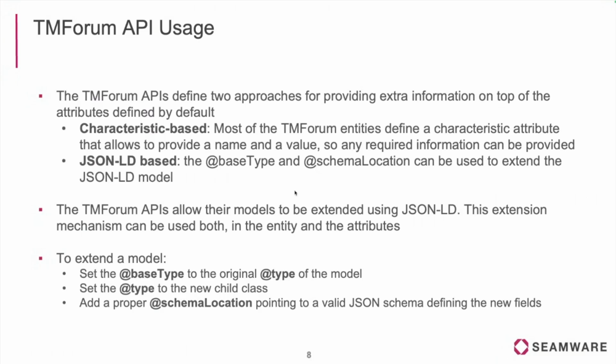The base type is going to be the parent of the entity, and then you add a schema location pointing to a valid JSON schema defining just the new fields. With this, the implementation of the TM4 API is going to accept your entity, and you will have a child class with all the new attributes you need in your particular scenario.